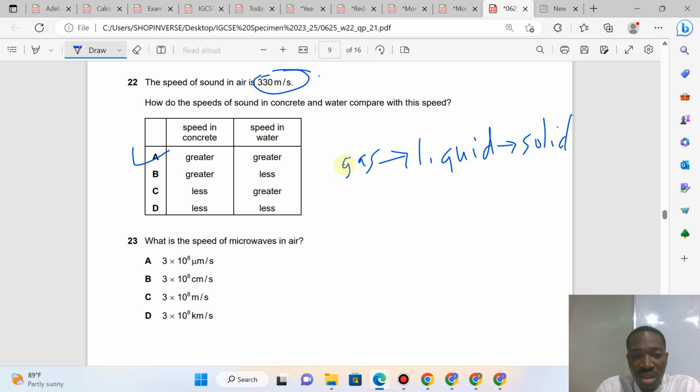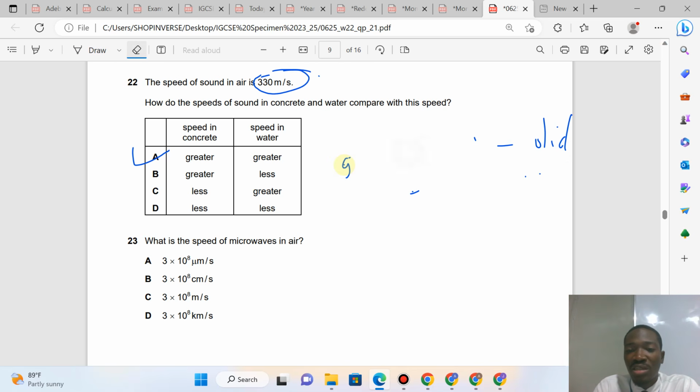But in water, the speed of sound in water can be around 500 meters per second. And in solid, like iron, the speed of sound in iron is around 1500 meters per second. I'm not sure of the value in concrete, but this is just an illustration to let you know that the speed of sound increases when going from gas through liquid to solid.